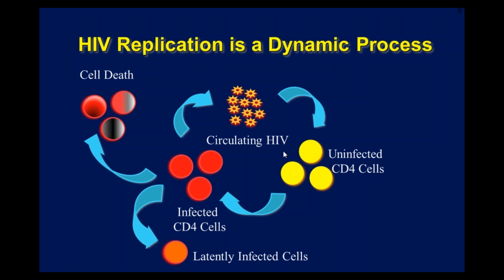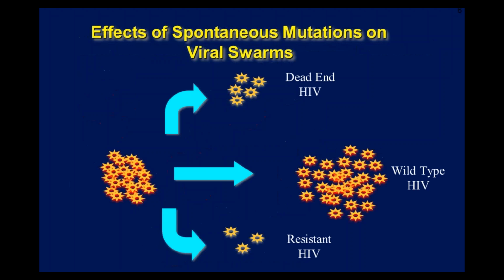It just keeps building and building and building. And over time, the individual can't keep up. And so what we see as a slow decrease in the number of CD4 cells that a patient has actually turns into a very rapidly ongoing process that allows for a lot of bad things to happen.